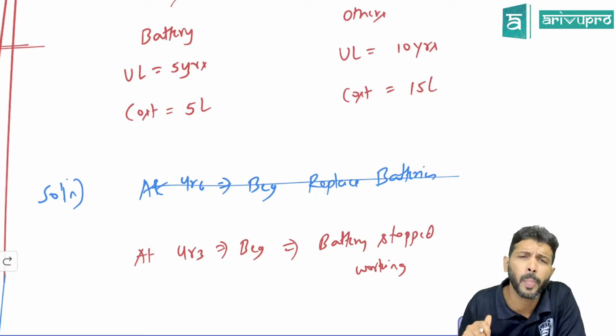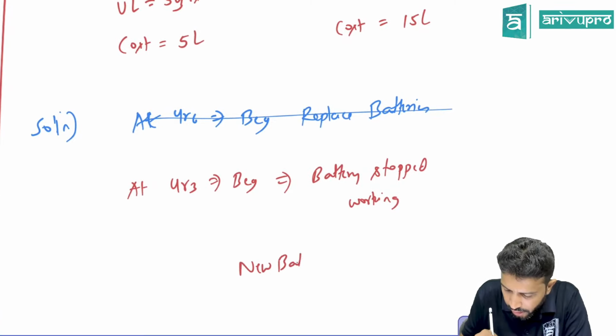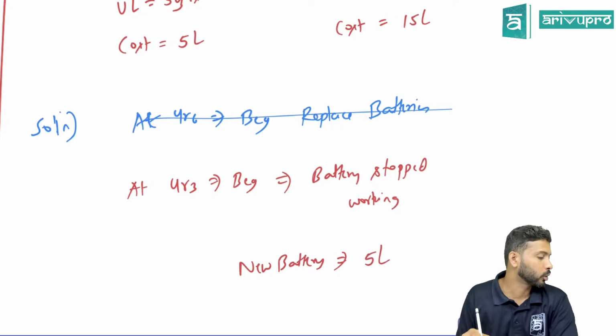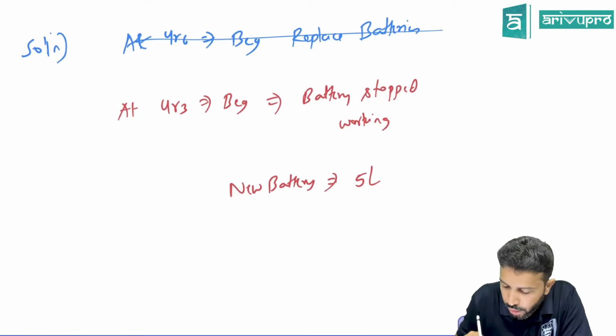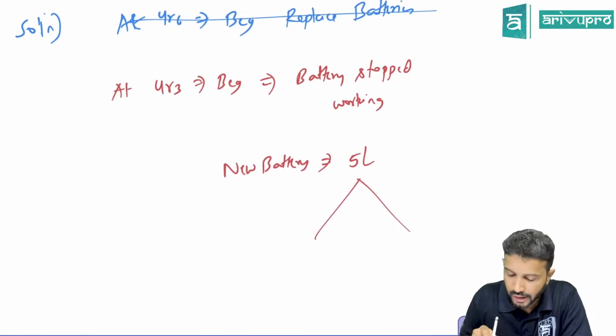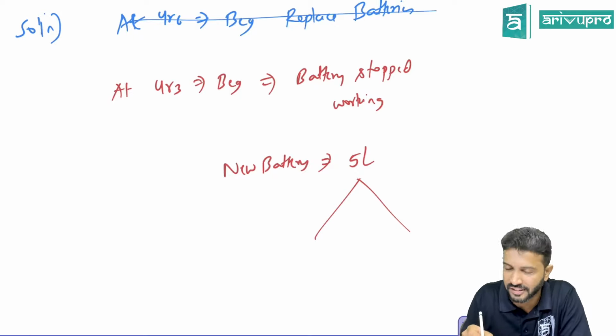So what do we have to do now? We have to buy a new battery. Let's say we spent about 5 lakh rupees to buy a new battery. Can you tell me what you should do for this 5 lakh rupees? I'll give you the choice. This 5 lakh rupees the company has spent to replace the battery.